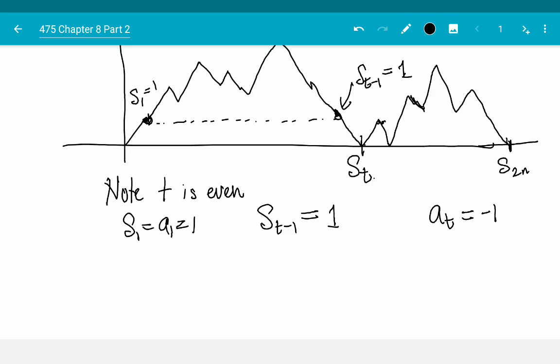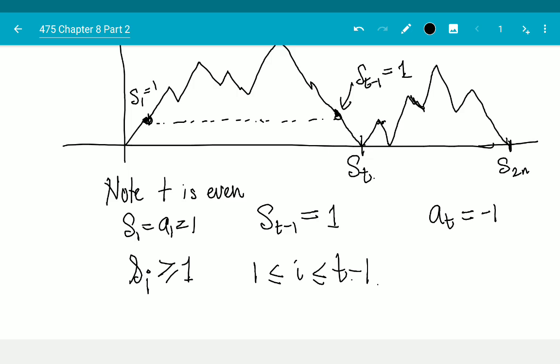And so what else I see is that between 1 and t minus 1, Si is greater than or equal to 1, for i between 1 and t minus 1, right? Because if it was hitting 0, then that would have been the minimum place where it hits 0, and that would be my landing number.